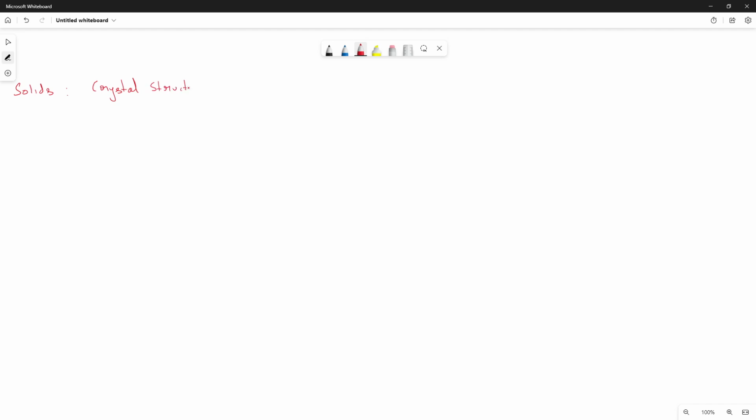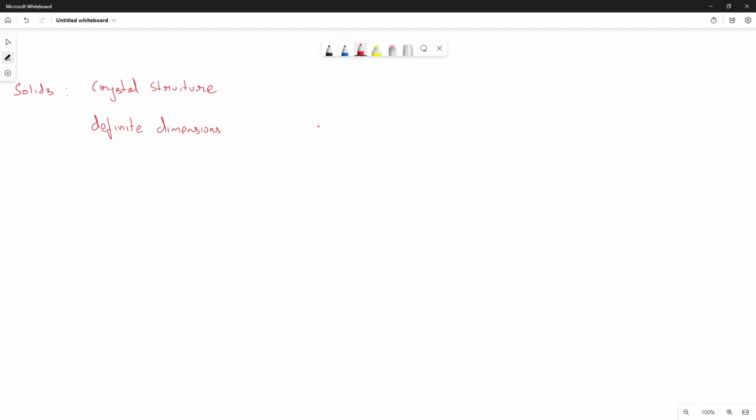Having no empty space. Very good, yeah, that is definitely one thing. They have a very high density. Along with that, a solid usually has definite dimensions. Solids have definite mass, but liquids also have definite mass, gases also have definite mass.